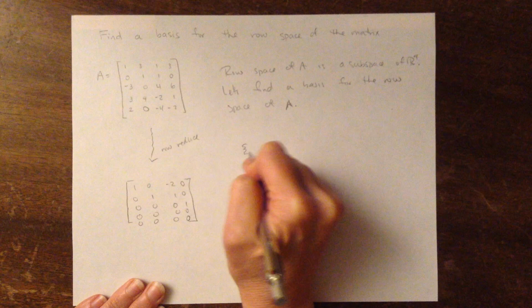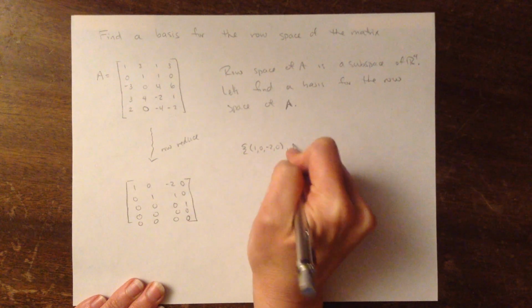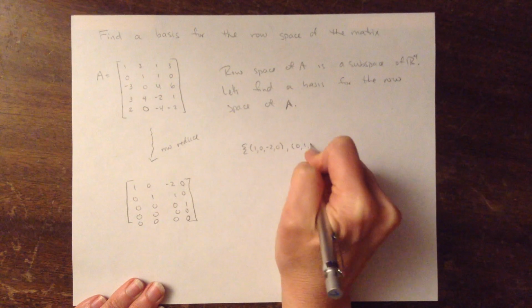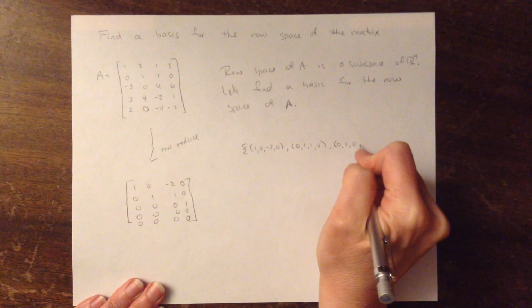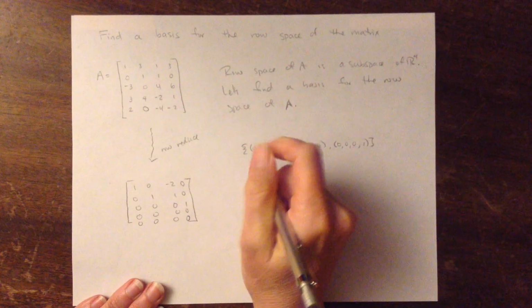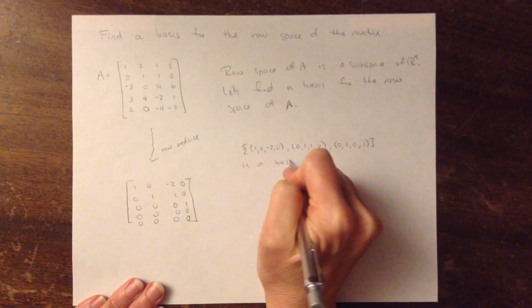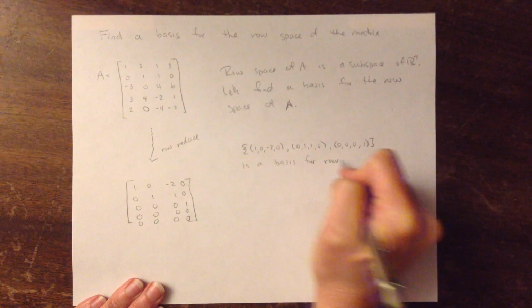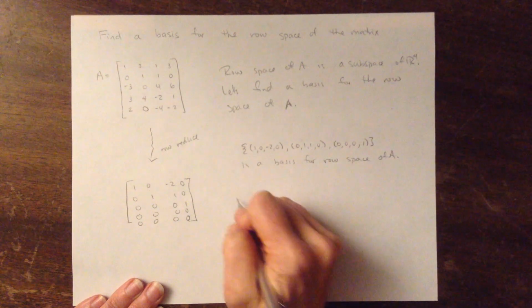And so the set containing the vectors (1, 0, -2, 0), (0, 1, 1, 0), and (0, 0, 0, 1) is a basis for the row space of A. And so what is the rank of A?